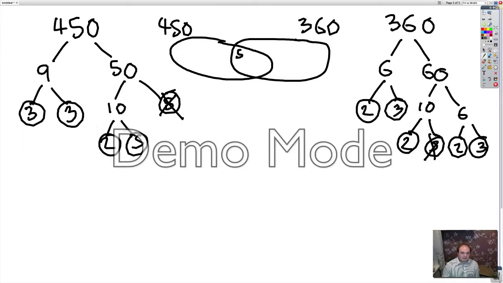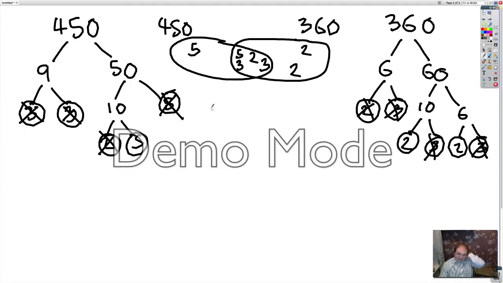Do I have a 2 there and a 2 there? Do I have a 3? Yes, 3 and 3. Any more? Yeah, I've got another pair of 3s. 3 and 3. Any other pairs? Okay, doesn't look like it. So I've got a 5 left over here, and I've got 2 2's left over here.